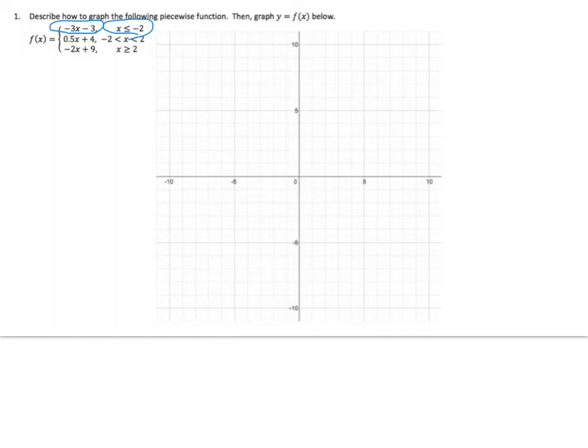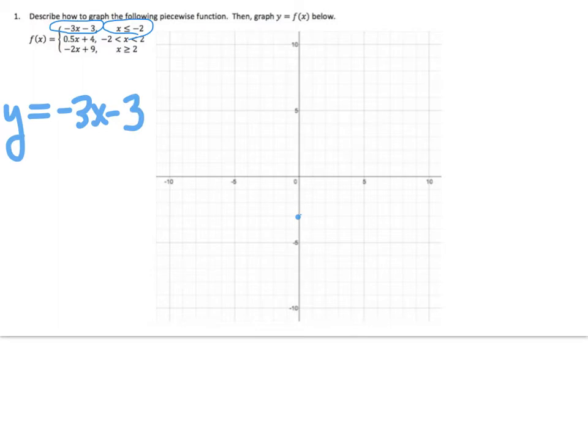So negative 3x minus 3, I know that's going to cross my y-axis at negative 3. And I have a slope of negative 3 over 1.